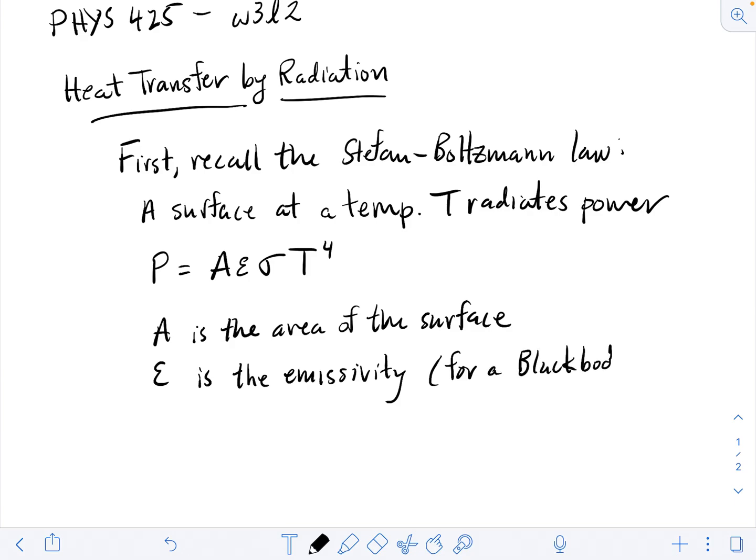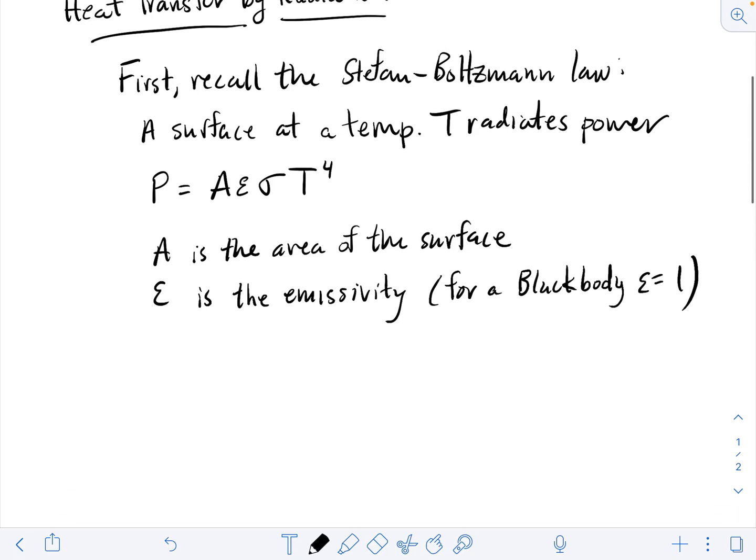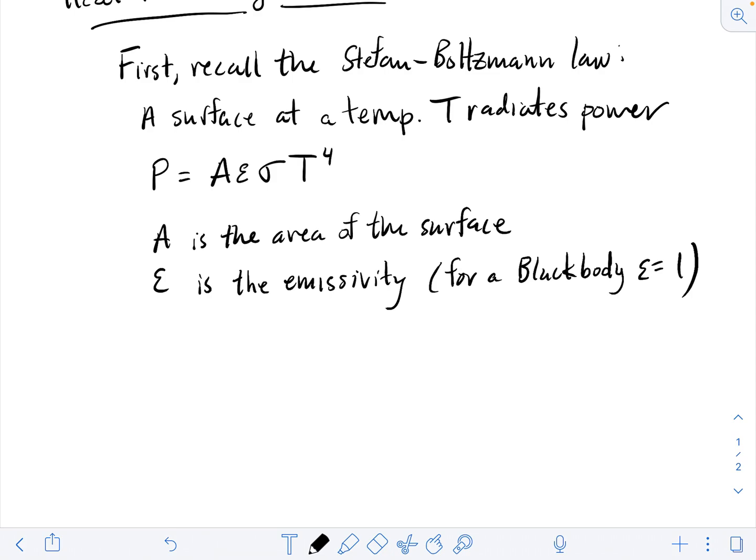And we'll just make a note that for a so-called black body, the emissivity is equal to 1. So that's the maximum power radiated by a surface, when the surface is a black body.